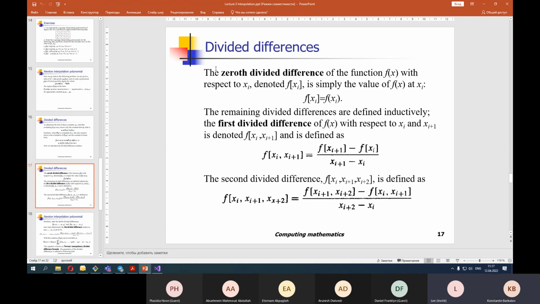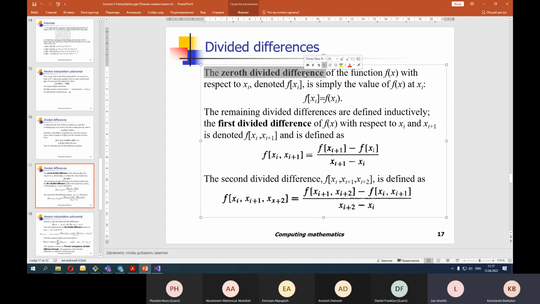This divided difference can be computed very simply. The zeroth divided difference of the function f of x with respect to the point xi is simply the value of the function at this point. To indicate the function value, I use parentheses.